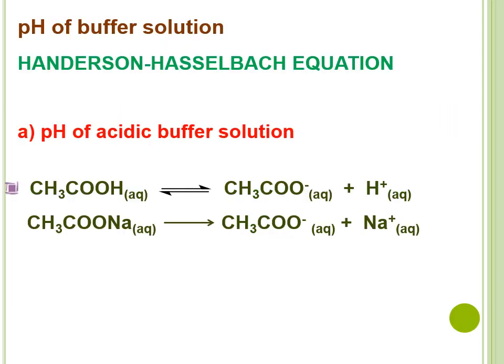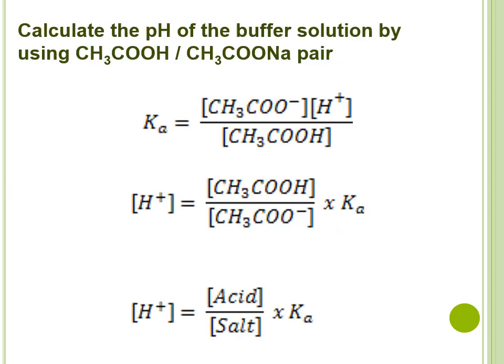By having the action of buffer solution, we are going to use the Henderson-Hasselbalch equation to find the pH of the buffer solution. The pH of acidic buffer solution goes for the reaction below.